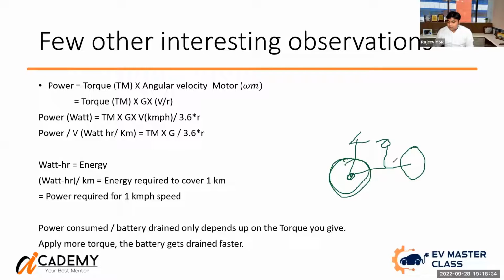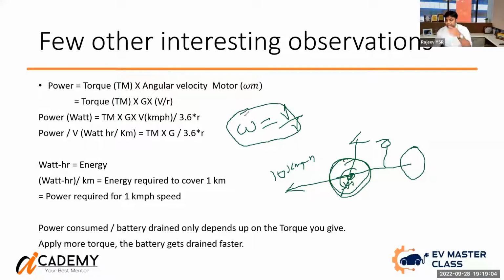Now, this cycle is moving at a linear velocity of, say for example, 10 kilometers per hour. Now, this linear velocity needs to be converted into angular velocity at the motor. That angular velocity is nothing but this linear velocity divided by the radius. This is the radius.